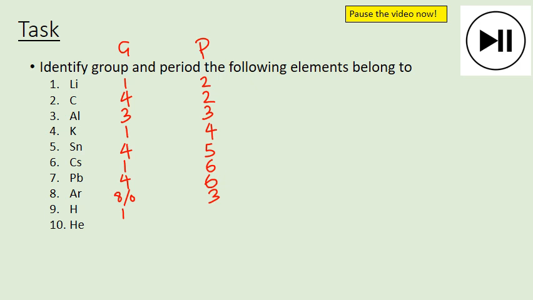But hydrogen, we're going to go with group 1, period 1, and this is where helium's awkward, because that's why we'll call it group 0. Now, if you call it group 8, I think we can allow that, but group 0 is why you tend to have that 0, because helium doesn't have 8 electrons, it's got a full outer shell. So group 8, group 0, we'll accept there, and period 1.